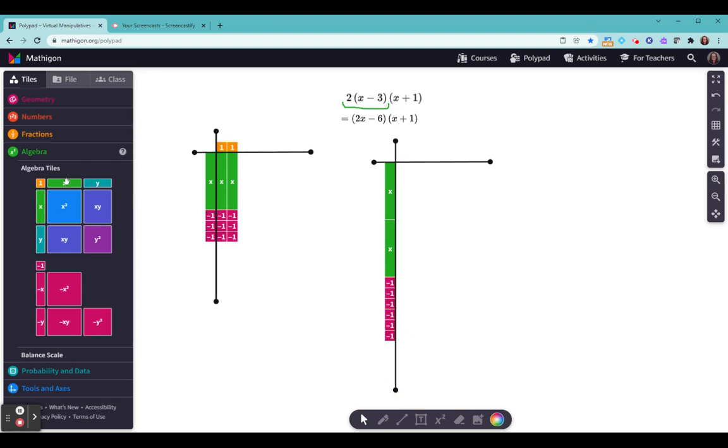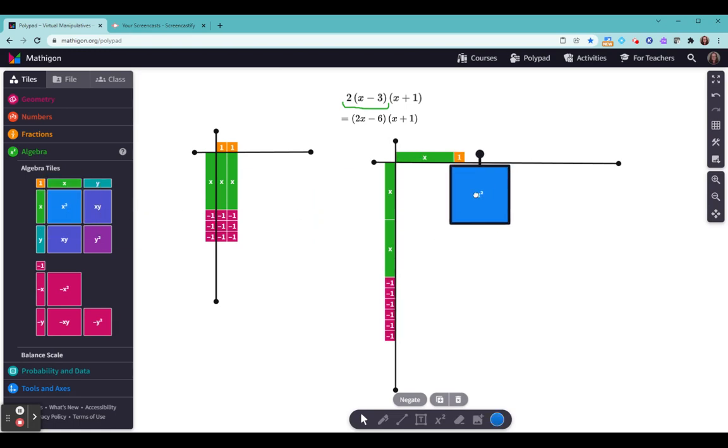So that's what we have, our second one. So we need to do that second step. So we have x plus 1. So we have 2x minus 6 times x plus 1. This was our first step. This is our second step.